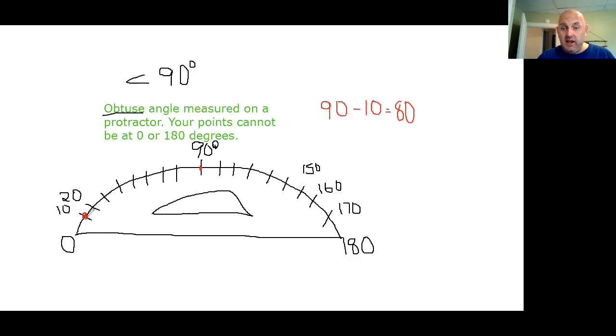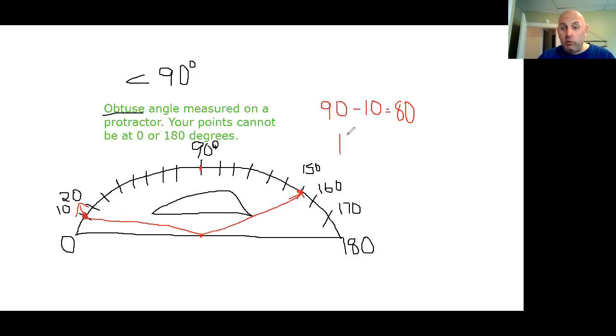If I chose 10 and I chose 150, so my first point goes at 10, my second point goes at 150, how would that angle look? It would look something like this. One arrow would point to 10. I would meet somewhere in the middle here, and my second arrow would go to 150. What is the measure of that angle?